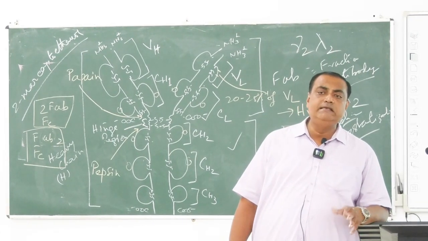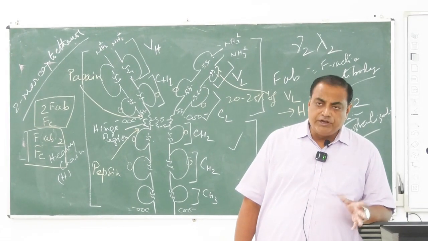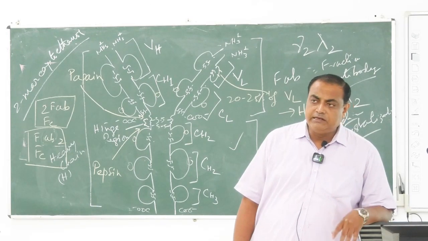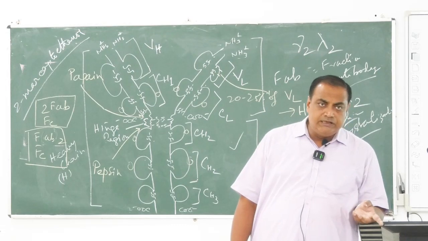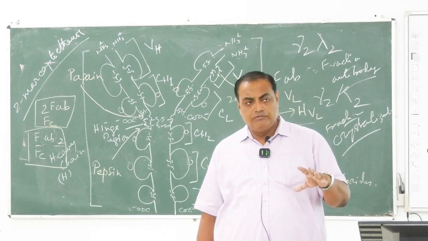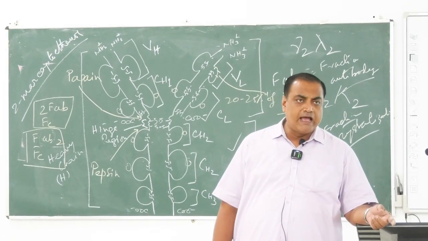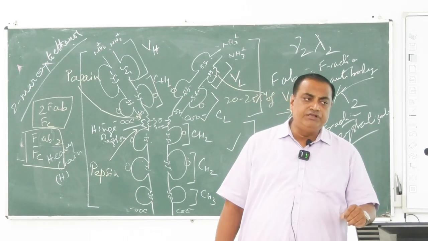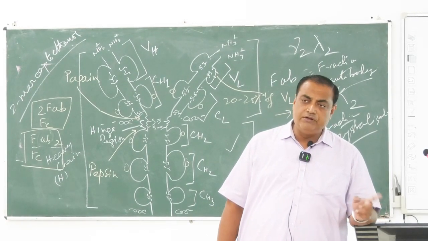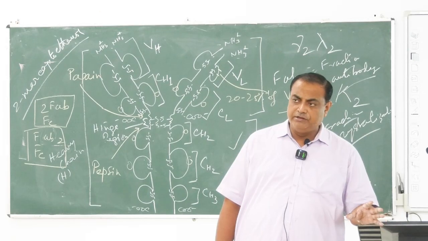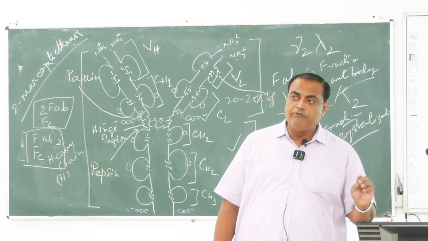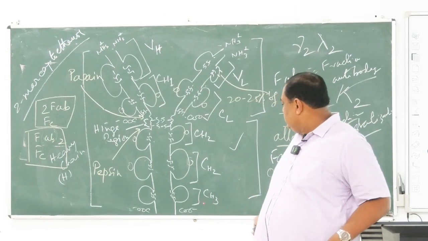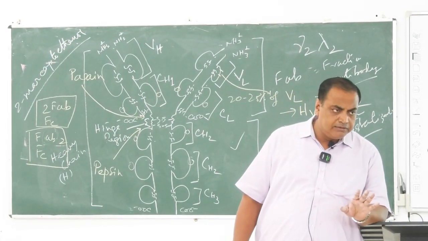IgG can exist floating in the plasma, or it can exist bound to a tissue. IgGs which will bind with the tissue will have 1 extra constant region. IgGs which will not remain bound with tissue when floating will not have this extra CH3 region. Clear?